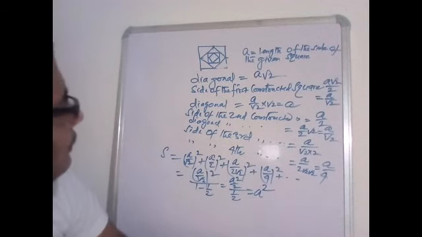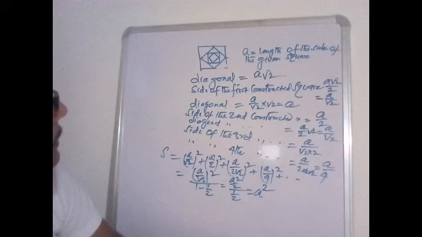So in this way we have found out the sum of the areas of the infinite number of squares, and the sum is equal to the area of the given square.